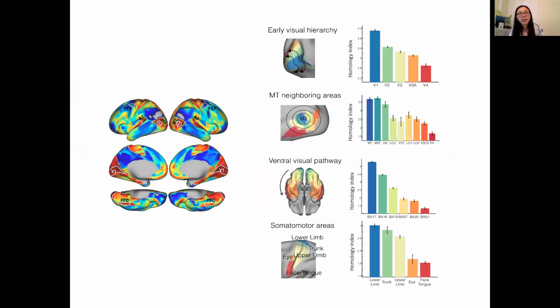We further look into more local regions and show that functional homology also follows the hierarchy within local regions as well. For example, the early visual pathway, the circular radiation patterns in the MT regions, the ventral visual pathway, and the dorsal-to-ventral topology in the somatosensory regions.